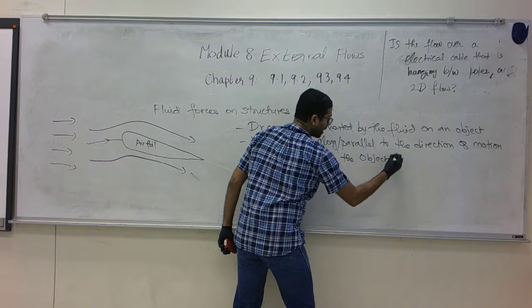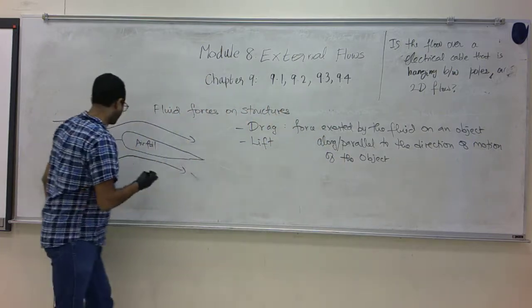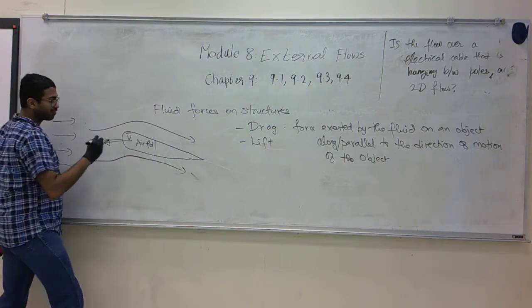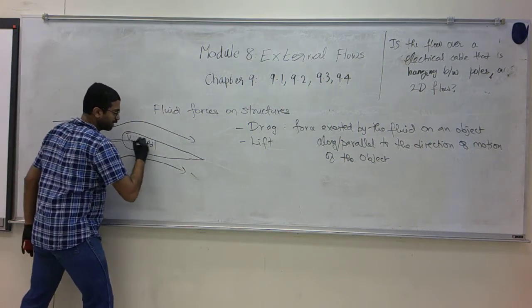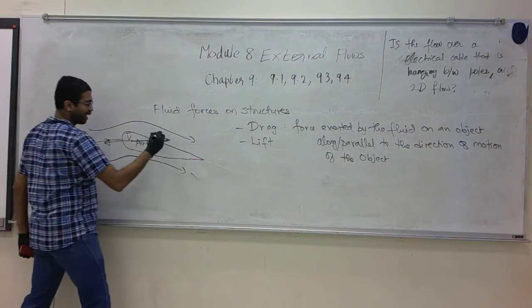That is, if I am trying to move this way, if my velocity is directed this way, drag force is the force that is acting parallel or actually opposite to the direction of motion.